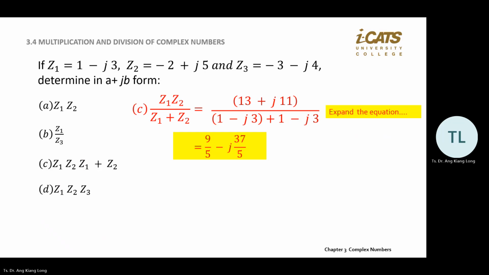Is it correct? 13 minus 26j. This one 5, right? This one 5, right? This one 5, right? J minus 2j squared. Oh, 11j. I copied wrong.